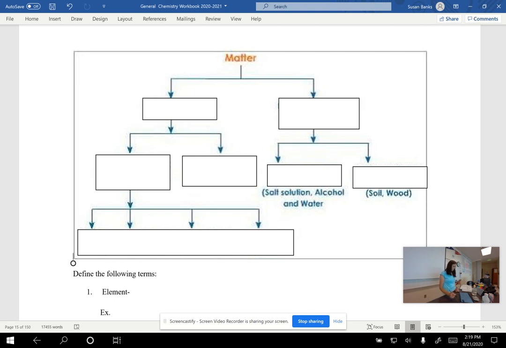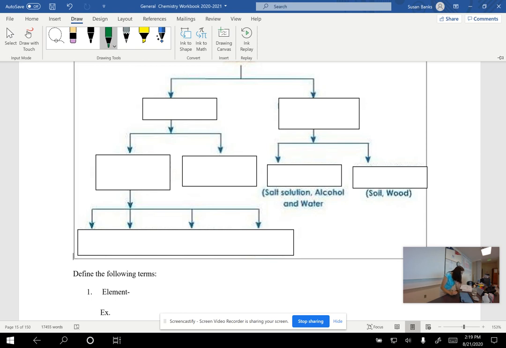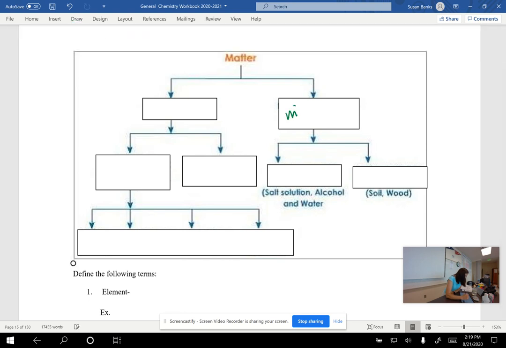But I don't think I have it backwards. I'm going to keep it the way it is. So this is mixtures and pure substances.